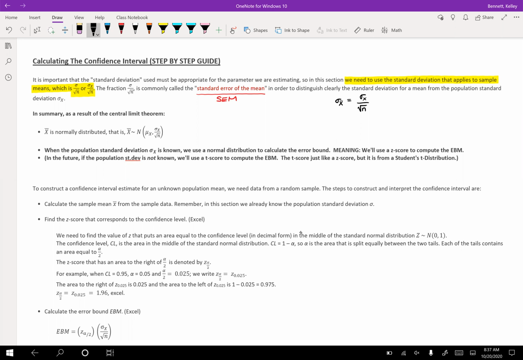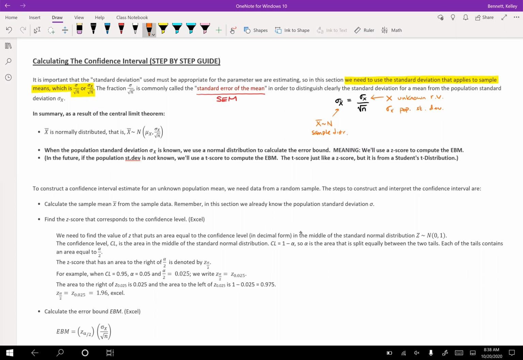On the left side, x bar is talking about our sample distribution that follows normal. Here, X was just some possibly unknown random variable. And so sigma capital X was our population standard deviation. And sigma X bar was the way of getting the standard deviation for our random variable capital X bar.